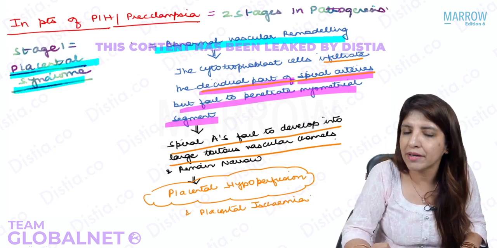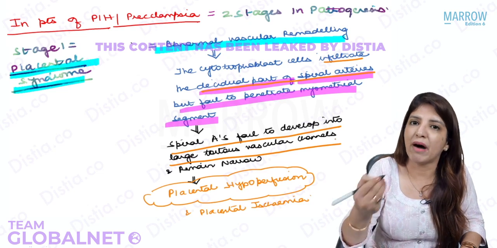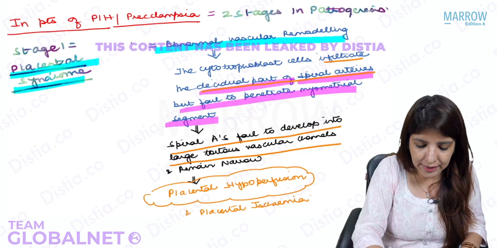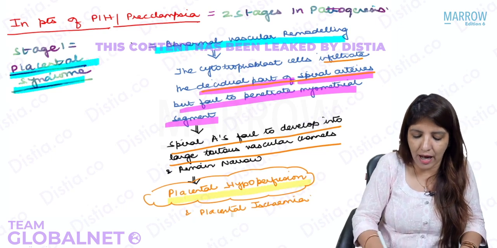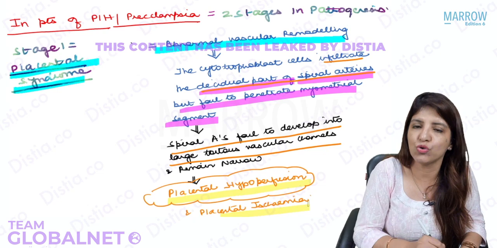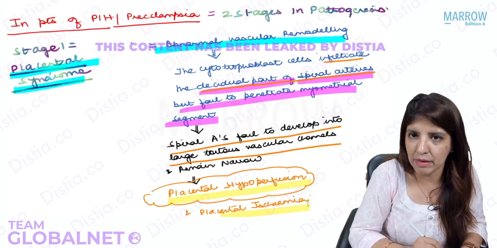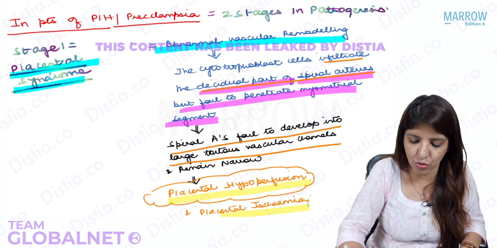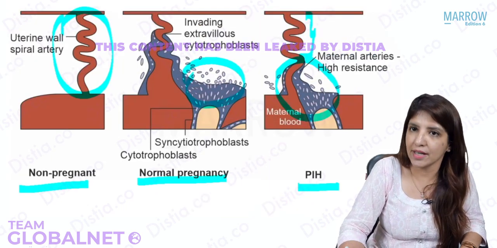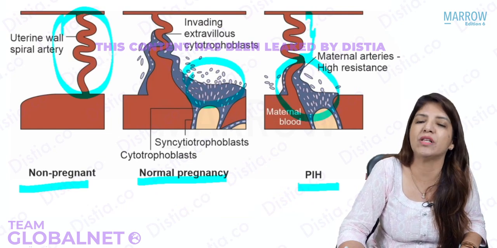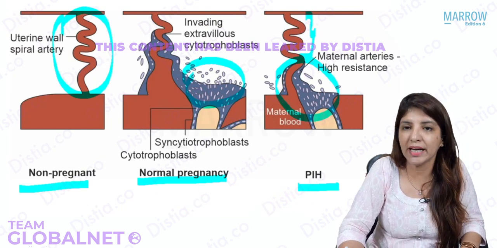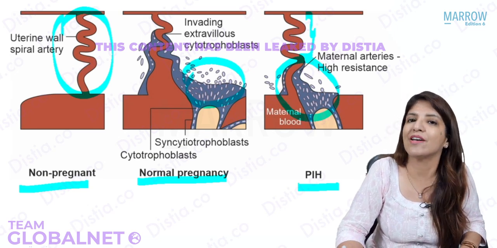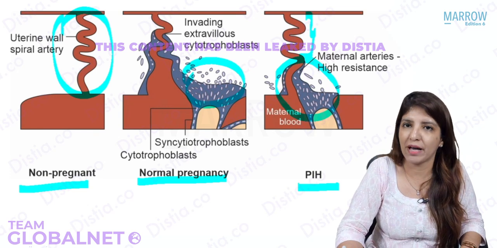Because the spiral arteries remain narrow, the amount of blood entering the intervillous space will be less, and that is going to lead to placental hypoperfusion and placental ischemia, right? This is what is called placental syndrome. Have you understood this? So in placental syndrome, there is abnormal vascular remodeling involving only the decidual part of the spiral arteries and not the myometrial part.